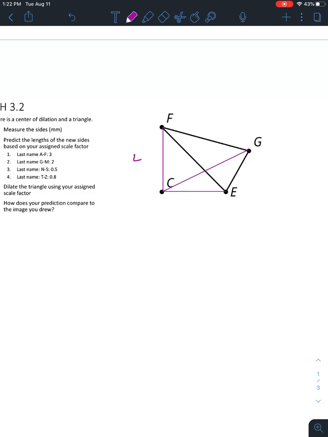And I've already told you this was 4, 4, 6. So if our scale factor is 0.5, that means that from C to F, right? I'm going from C to F. That is considered a scale factor of 1. But if I want a scale factor of 0.5, that means my F is going to be in between. So this would be F prime.